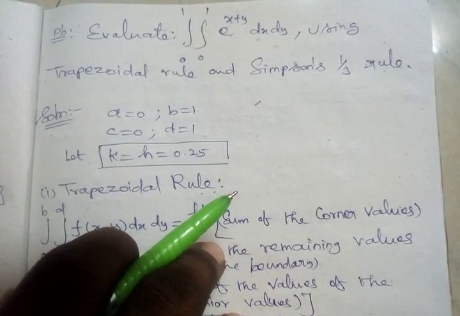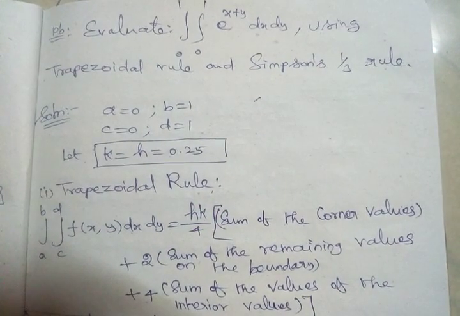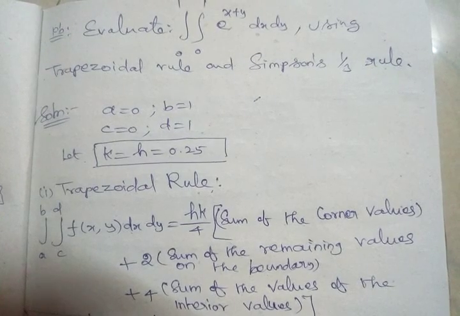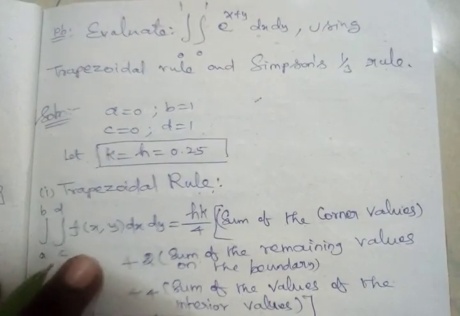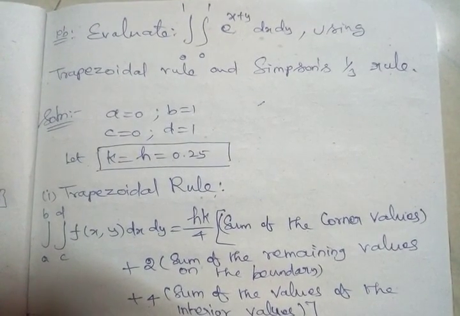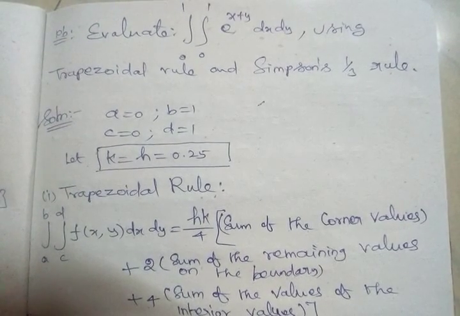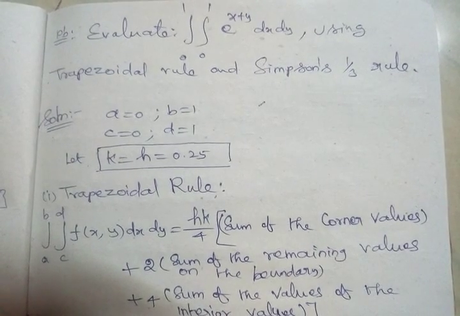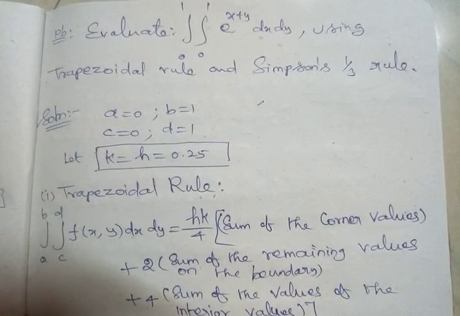Here there is no information given about k and h, so let us take k and h. How to take k and h? We are given 0 to 1. I am going to split the interval with 0.25. Start from 0, plus 0.25, that is 0.25, plus 0.25 that is 0.5, 0.5 plus 0.25 is 0.75, and 0.75 plus 0.25 will be 1.